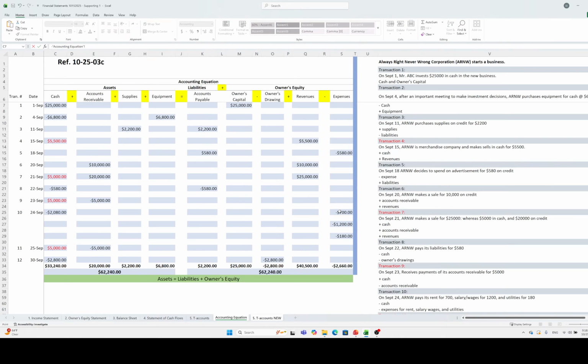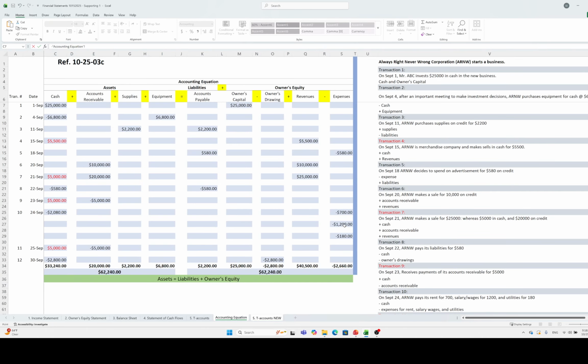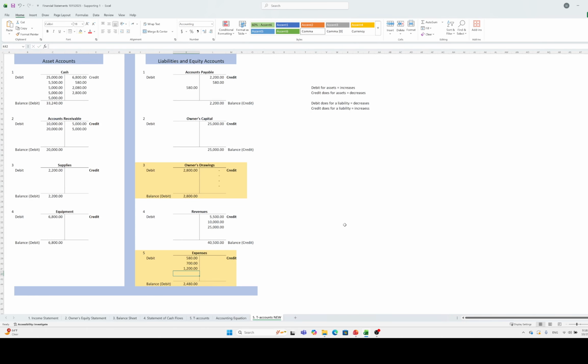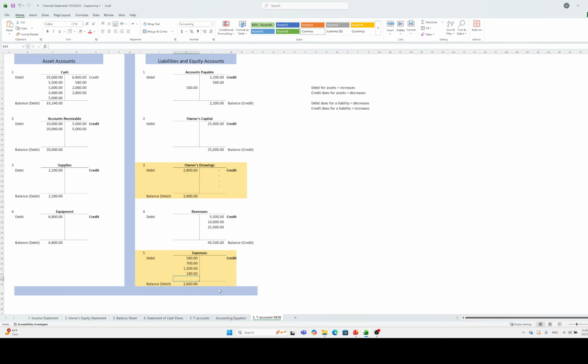Then we've got $700. Then we've got $1,200. Then we've got $180. So that gives us a total debit balance of $2,600.